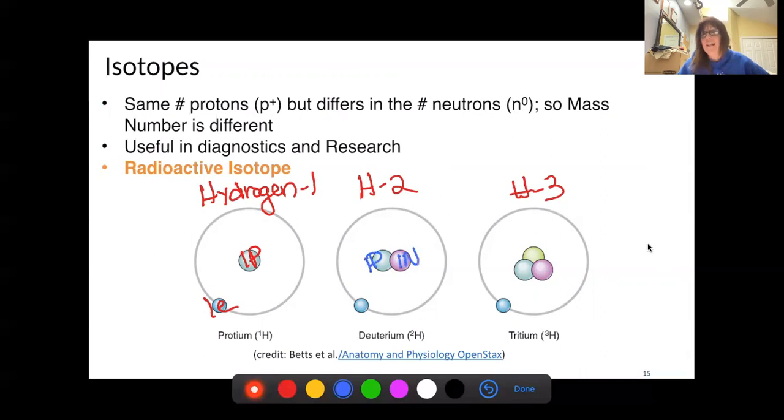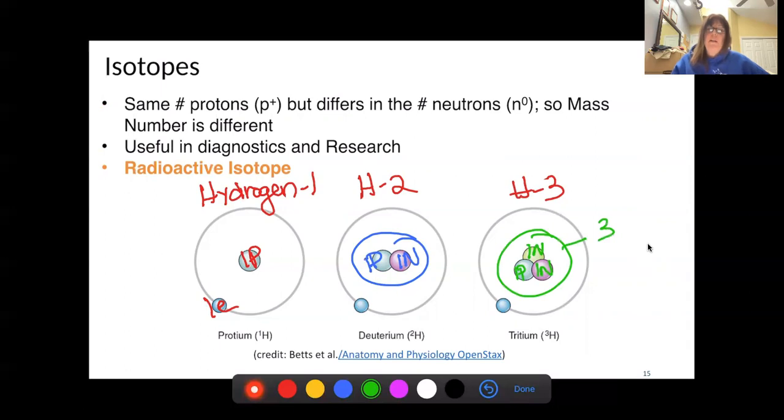Again, it has to have the same number of protons or else it's not hydrogen anymore. And because, remember, we add up the nucleus, that gives us a mass of 2. Tritium has still 1 proton, but it has 2 neutrons. And so inside its nucleus, its mass is going to be 3. And that's why we call it tritium.